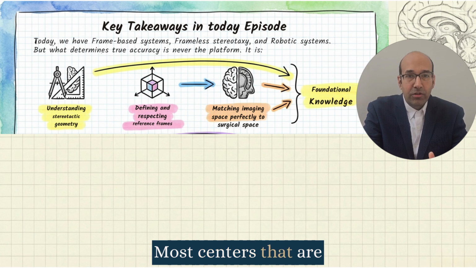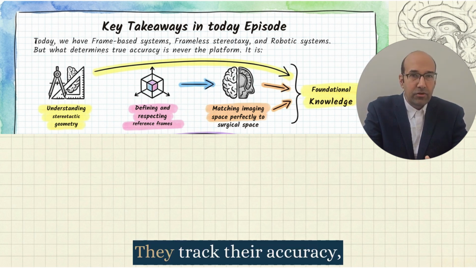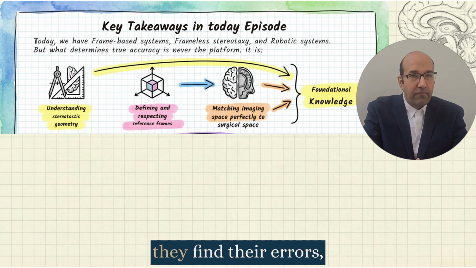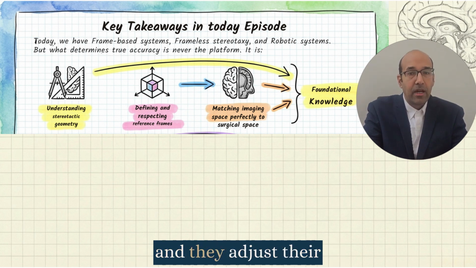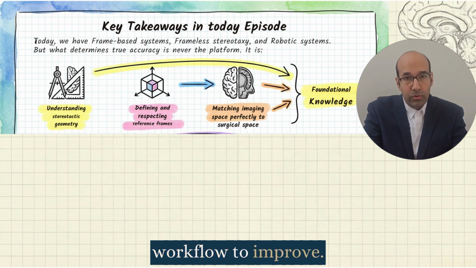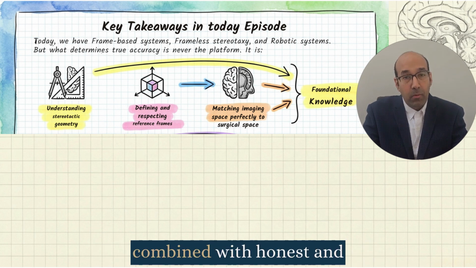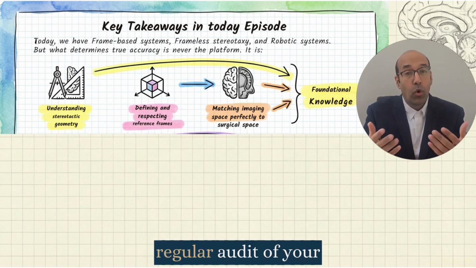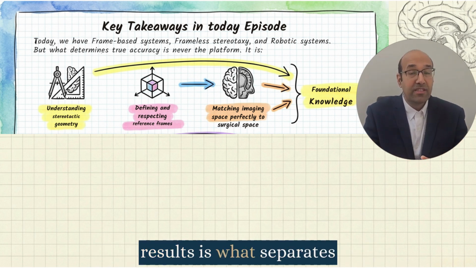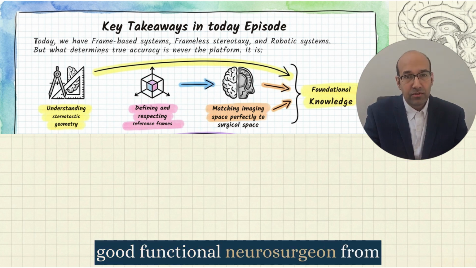Most centers that are excellent at DBS do this routinely. They track their accuracy, they find their errors, and they adjust their workflow to improve. A consistent, reproducible workflow, combined with honest and regular audit of your results, is what separates good functional neurosurgery from great functional neurosurgery.